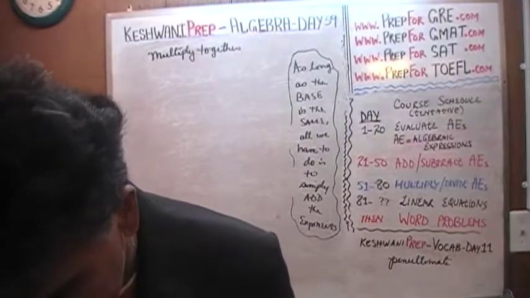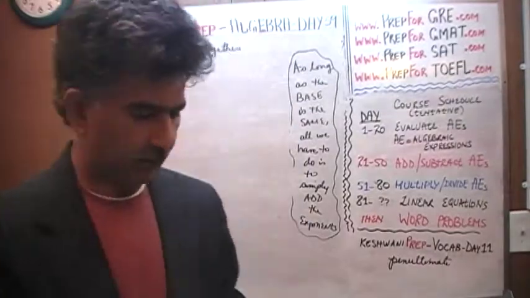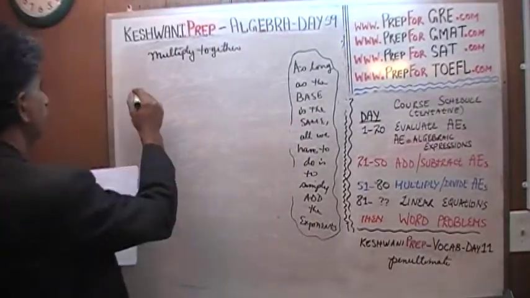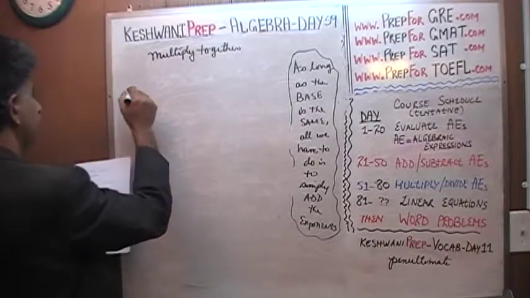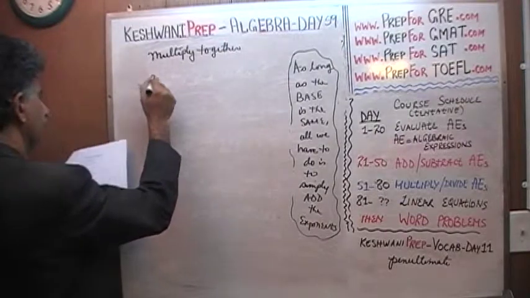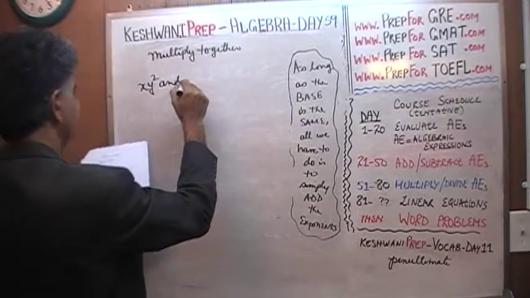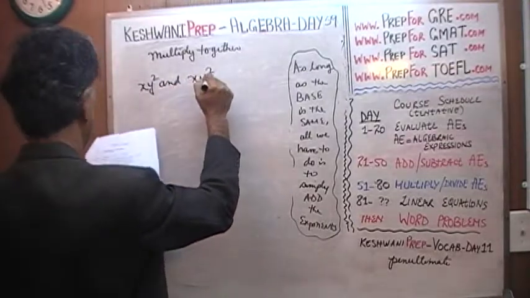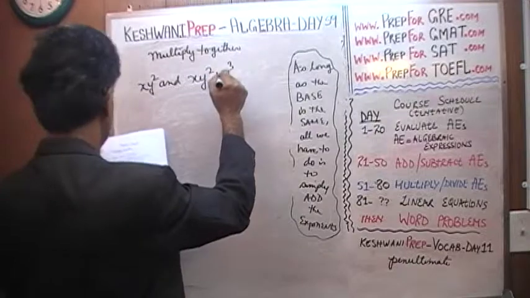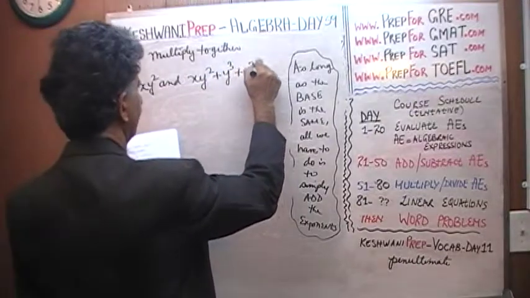The next one is slightly more complicated. We are asked to multiply together xy squared and xy squared plus y cubed plus x squared y.